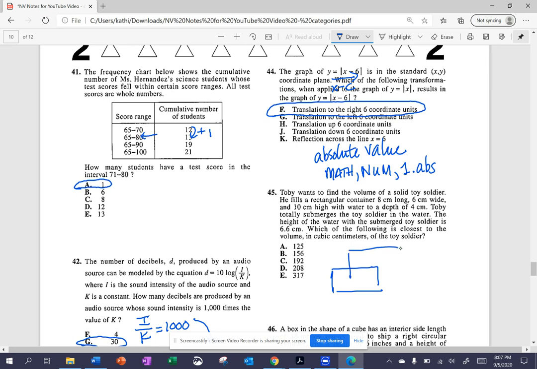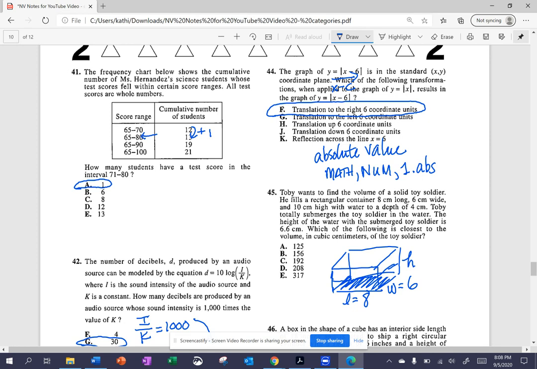Okay, so here is our container, here's the bottom. We are filling our water up. So this is length, we said is 8. Width, we said is 6. And height, the total height is 10.